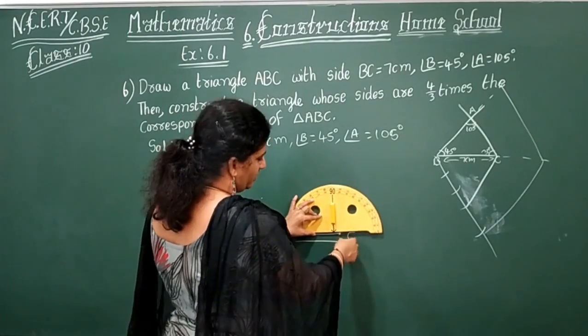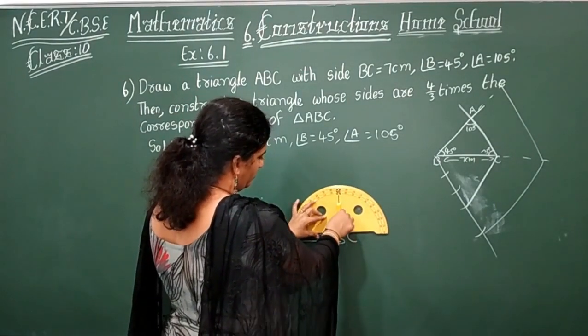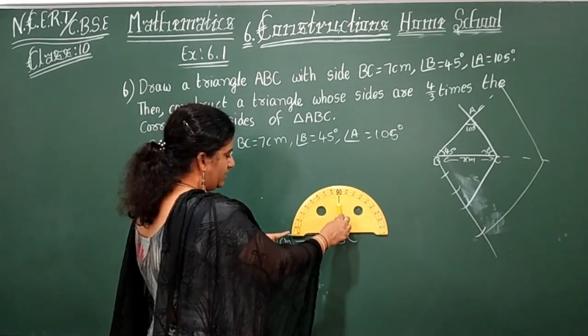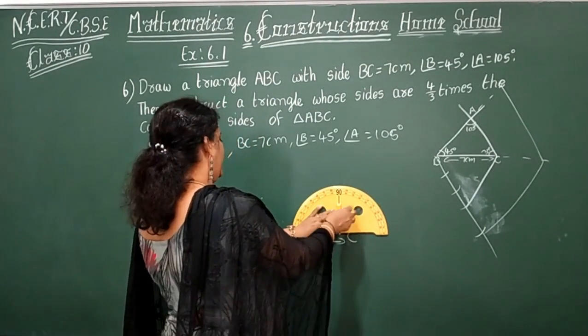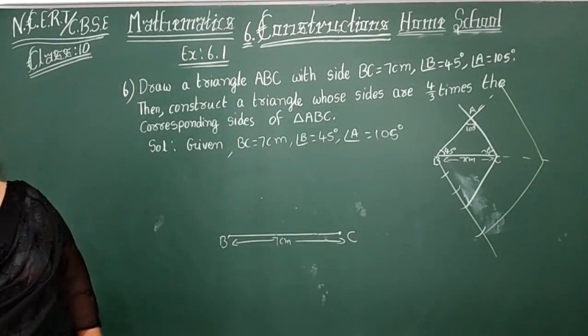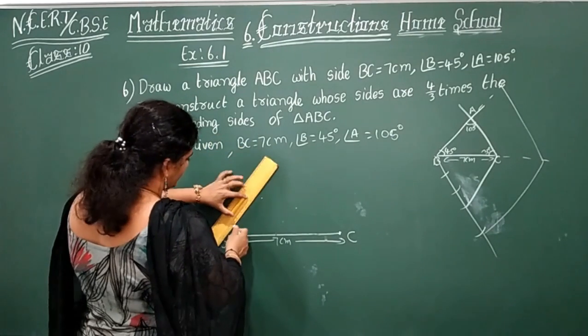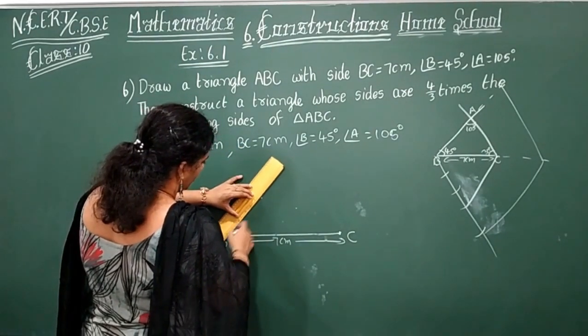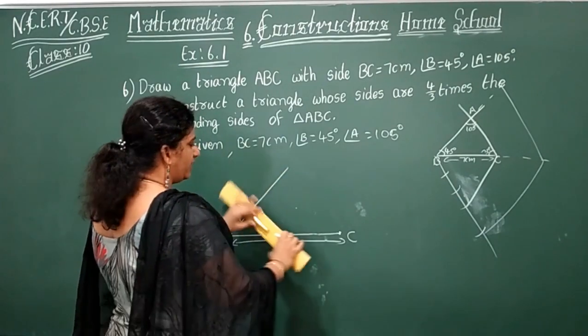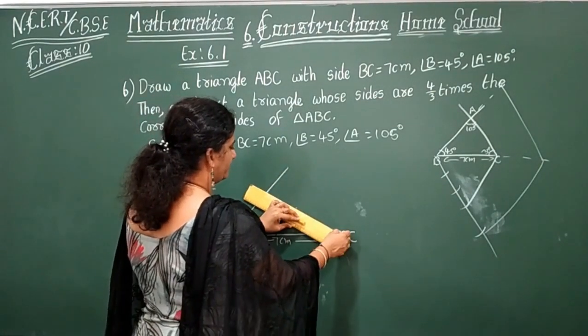Then from here, from this side you need to see 30. 0, 10, 20, 30. Okay, now try to extend these, children. In order to join, after joining, I am going to extend the line. Then these two join.